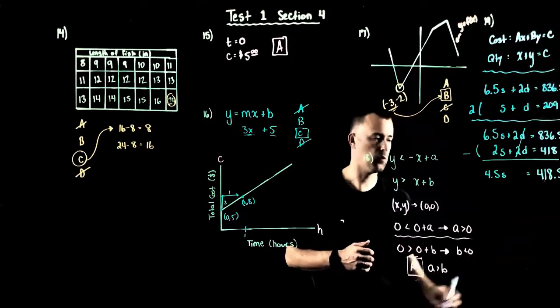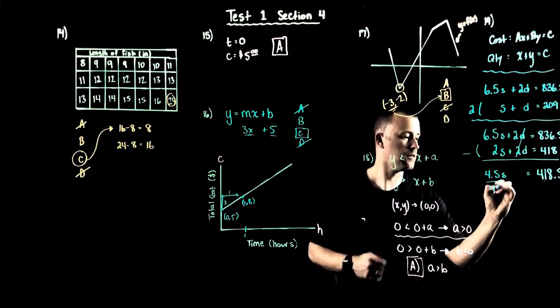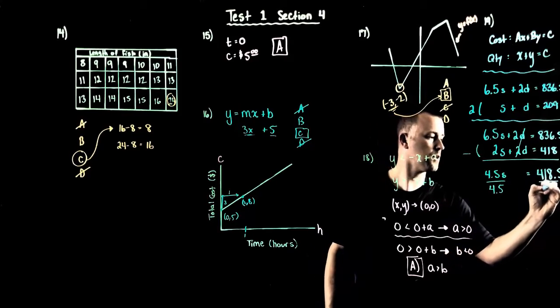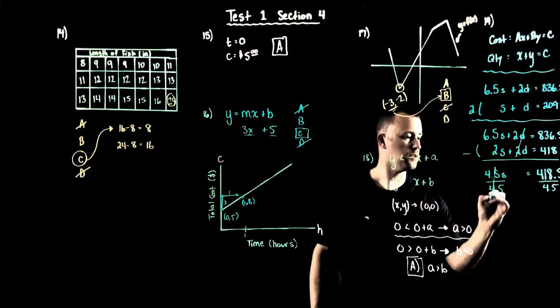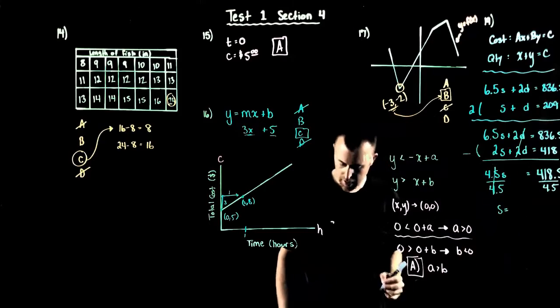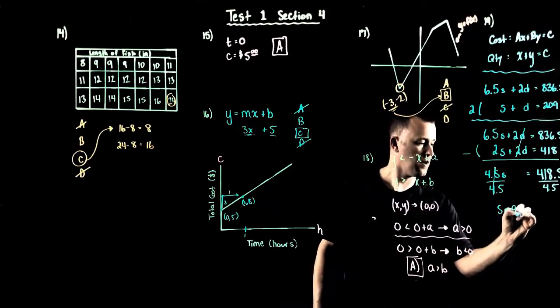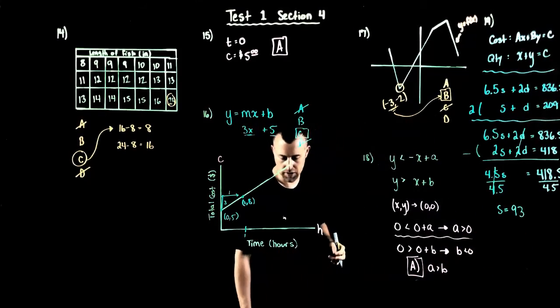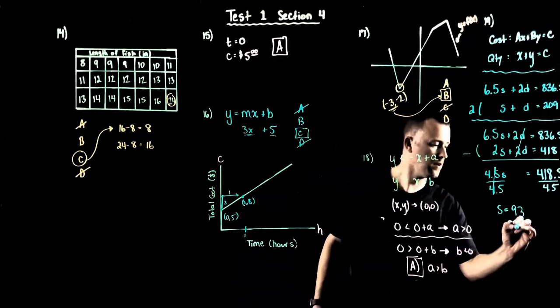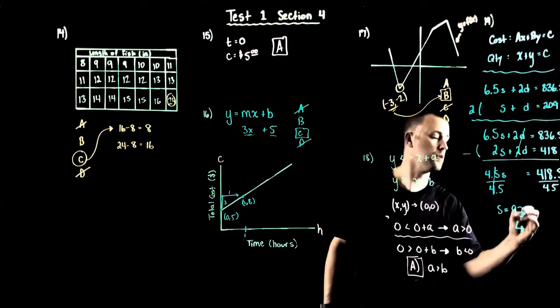And then divide by 4.5. Again, you can use your calculator in this section, so feel free to do so. Do these calculations, and you're going to get S equals 93. And all we got to do is figure out which answer choice has 93. That's going to be answer choice B. And there is your answer for number 19.